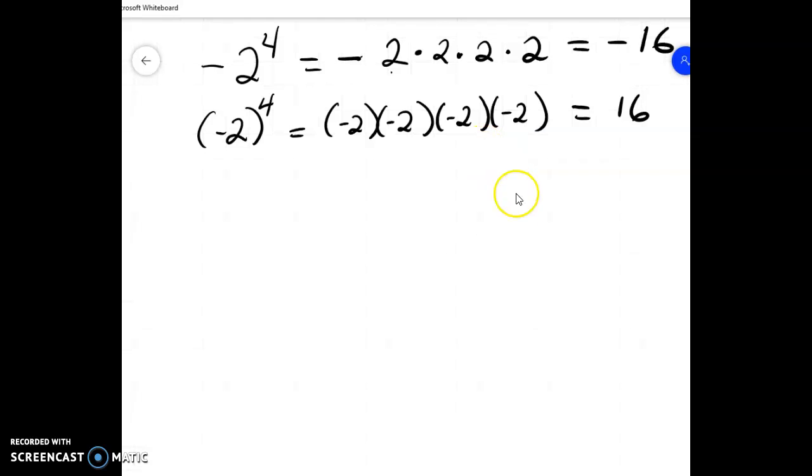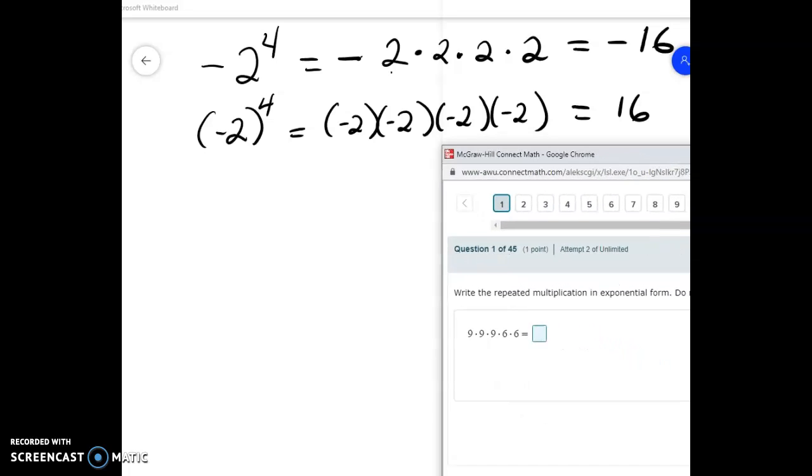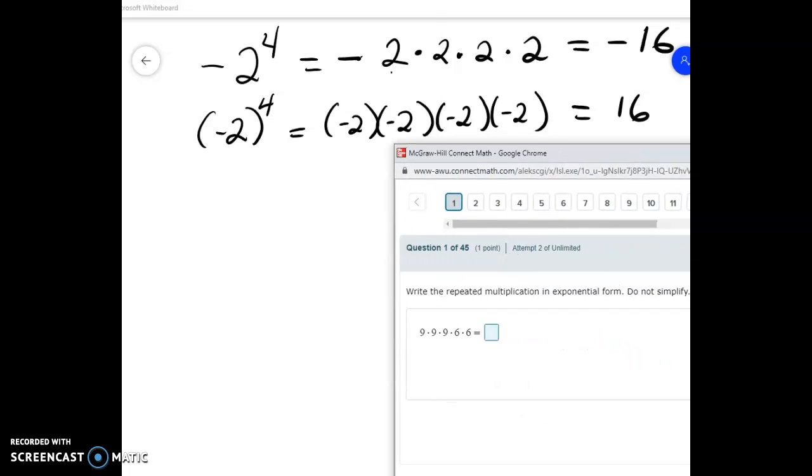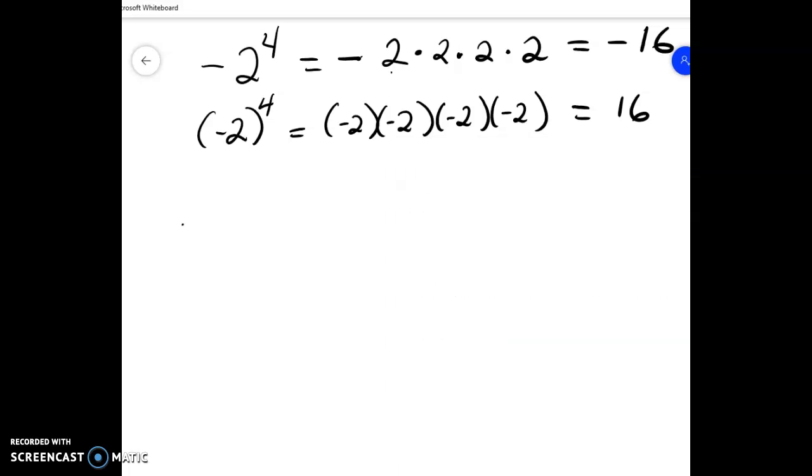Now, when you are doing these in Connect Math, I'm going to pull my Connect Math screen over. And I have 9 times 9 times 9 times 6 times 6. So this is repeated multiplication, and I want to write it in exponent form.